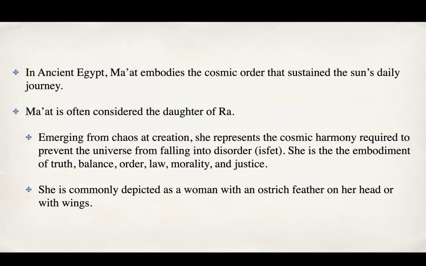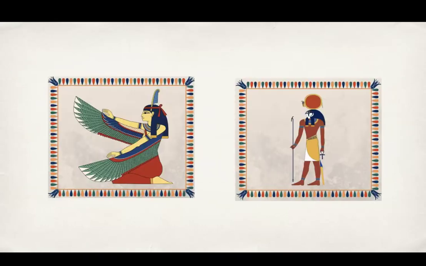And we ultimately see her in hieroglyphics as a woman with ostrich feathers on her head or with wings. So this next photo, you have Ma'at on the left and you have Ra on the right. Again, just these deities, and I would even say pictorial aspects of embodied practices that come from very ancient cultures.